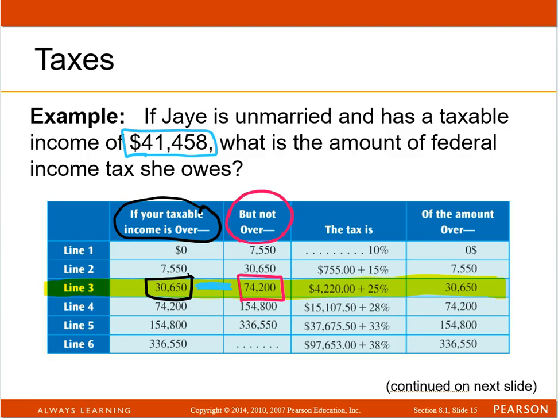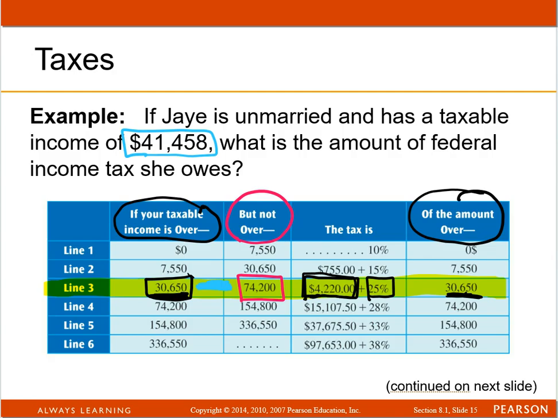So anybody who has a taxable income that's in between these two numbers would be on line 3. And then you will be taxed this amount of money. So if you were exactly $30,650, if this was your yearly income, you would only pay $4,220. But if you're in between, you then have to pay an additional 25% of the amount over the low end of $30,650.